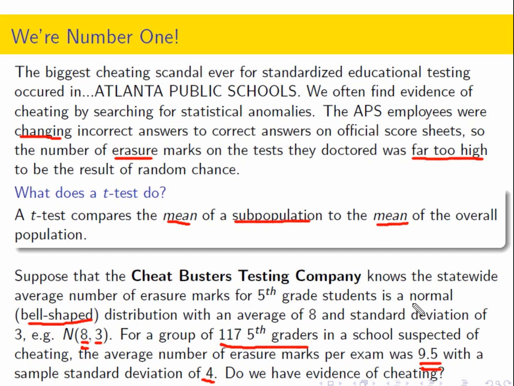So this is a sort of prototypical one sample t-test, right? What am I doing? I'm comparing a subpopulation, which in this case is the fifth graders at this school, to an overall population. Here, the overall population is the average erasure marks for these fifth graders all across the state. So I'm comparing the fifth graders in the subpopulation to the fifth graders in the overall population.